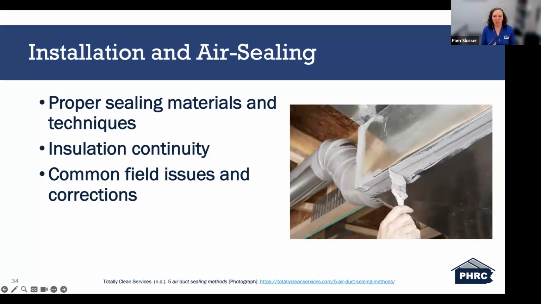These can include poorly sealed connections, disconnected ducts, compressed flex duct, or missing insulation. These are all things that can lead to failed inspections or poor system performance. Overall, proper installation and air sealing directly impacts the energy efficiency, the comfort, and the code compliance of the system.